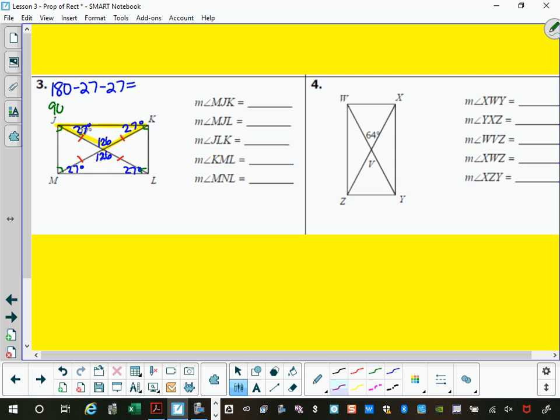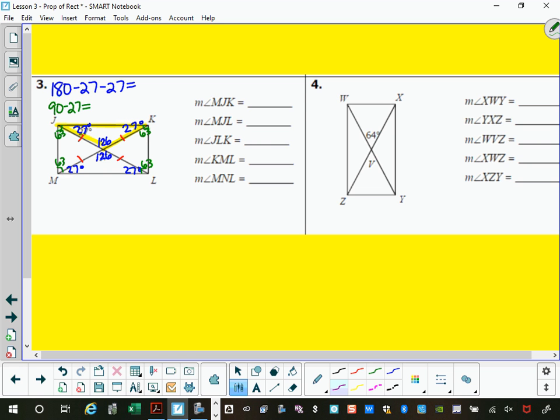So 90 minus 27 for this corner angle is going to give me what? 63. So Lulu's telling us that that's 63. So that means your base angles are both 63. If you flip it to the other side, this is 63 and that's 63.